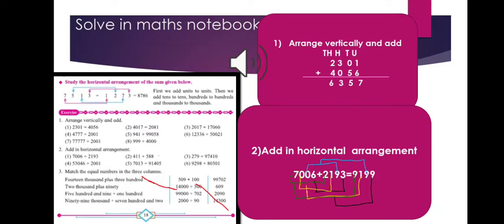Question number 3 is match the equal numbers in the 3 columns. Okay, so the numbers are given. 14,000 plus 300. So which is the number 14,000 plus 300?